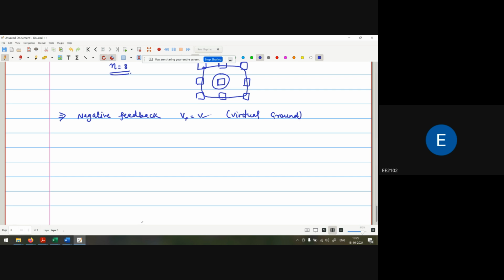If it is a virtual ground condition, we can say no current goes inside the op-amp, and all the current passes through the outer feedback circuit.